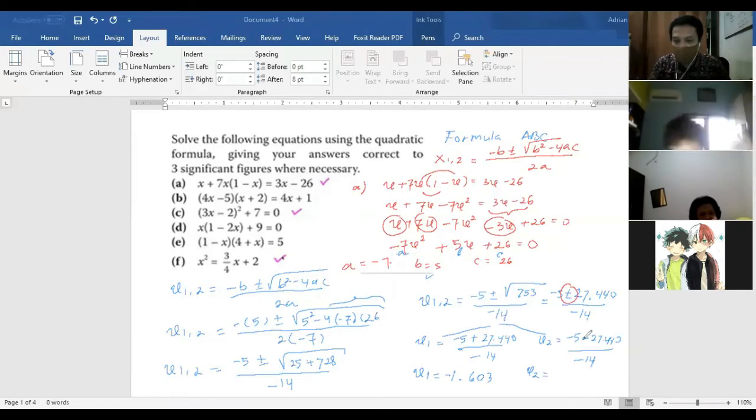We get 2.317. Positive, right? Because negative divided by negative is positive. Clear? Is it clear, everyone?